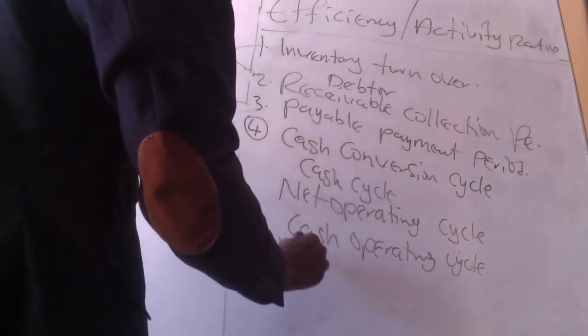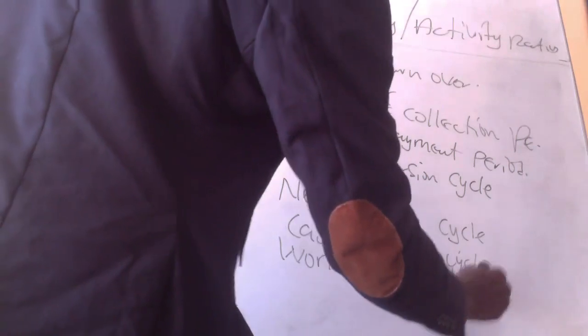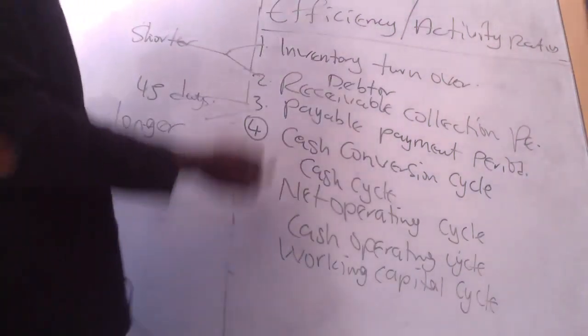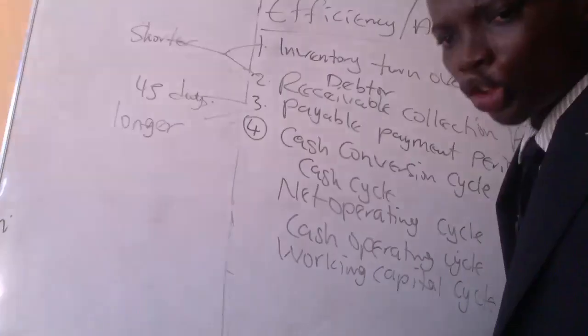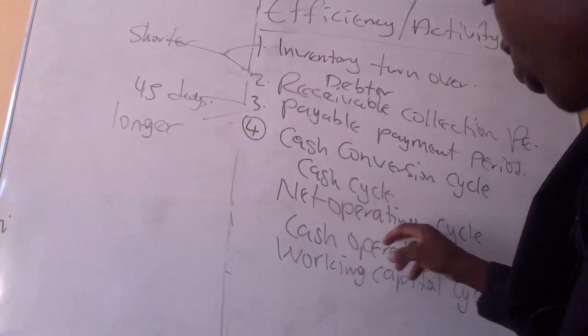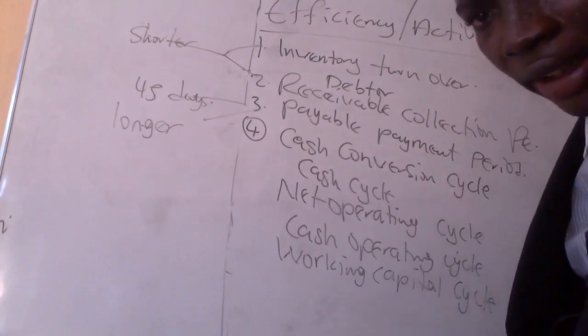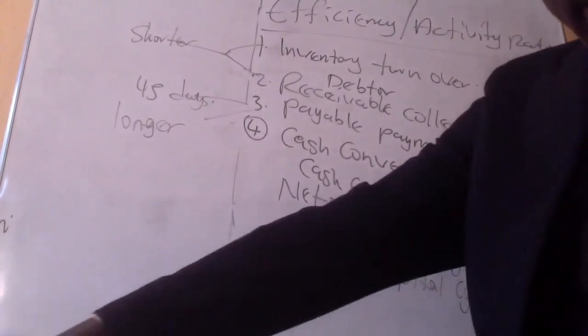So pick the best one that you want. Working capital cycle. It's called working capital because it talks about the working capital items. So take notes, all these mean the same: cash conversion cycle, that's the CCC, cash cycle, net operating cycle, cash operating cycle, and basically the working capital cycle. So take note, they mean the same thing.